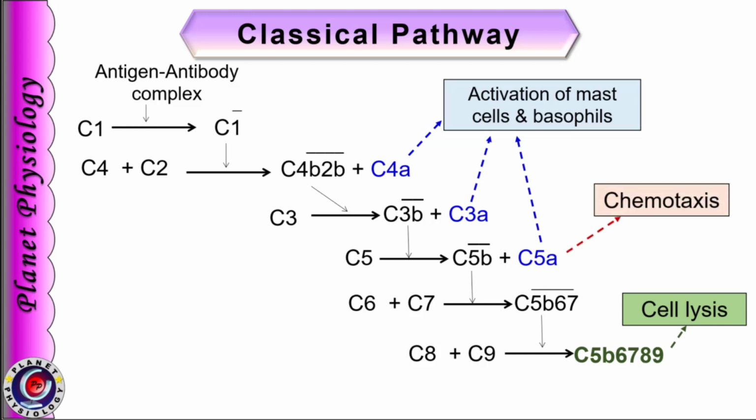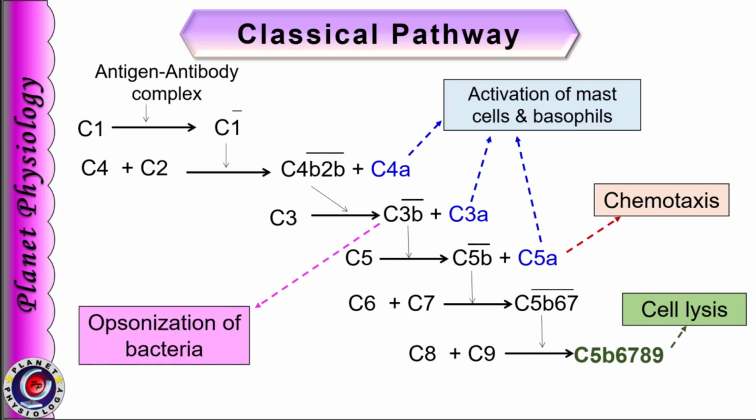C5a also acts as chemotactic agent and attracts WBCs at the site of infection. C3b acts as opsonin, that is, it causes opsonization of bacteria. Thus, these end products promote phagocytosis and help in removal of antigen from the body.